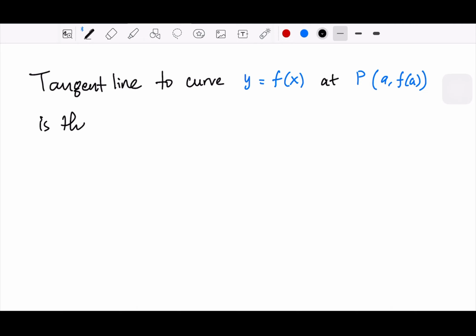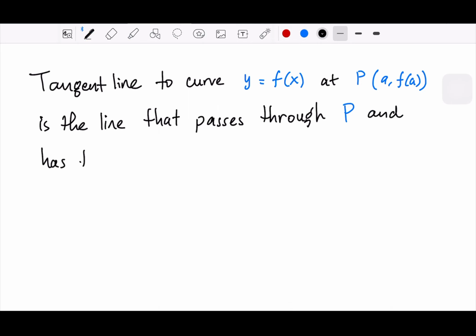Is the line that passes through P and has the slope m.